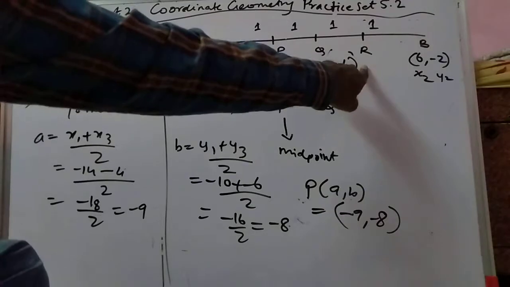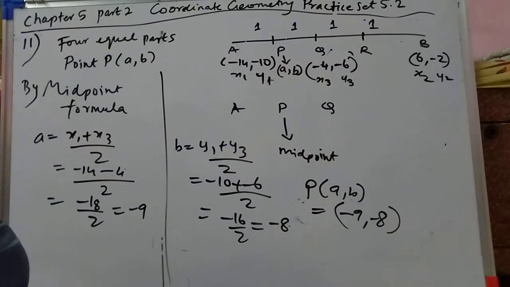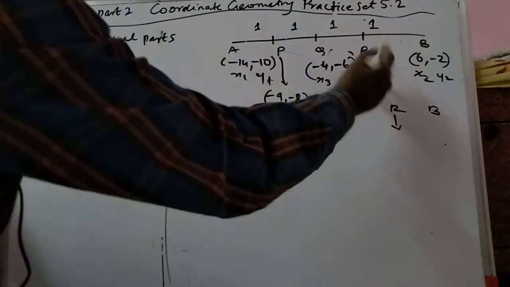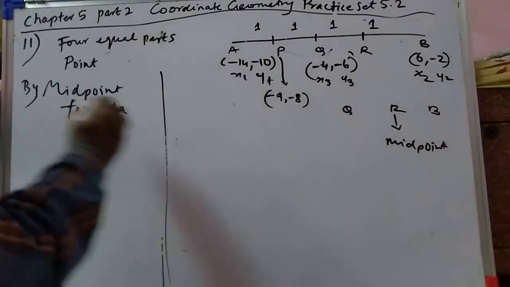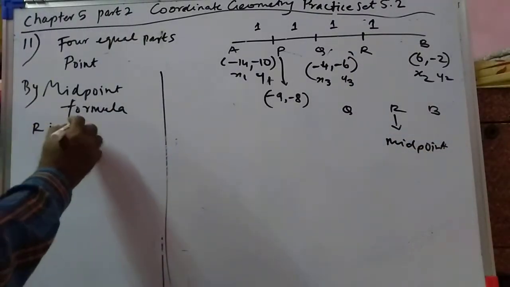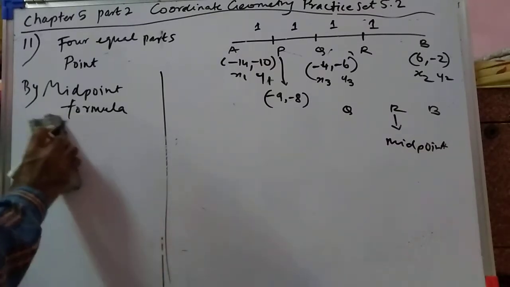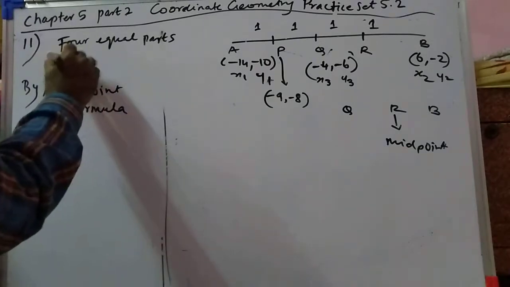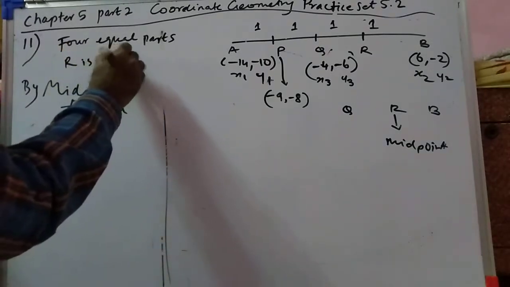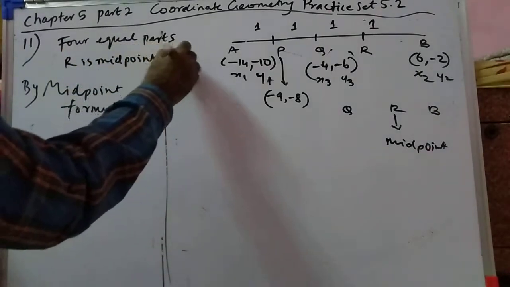Next we'll calculate for R. So again R is the midpoint. R is the midpoint of segment QB.